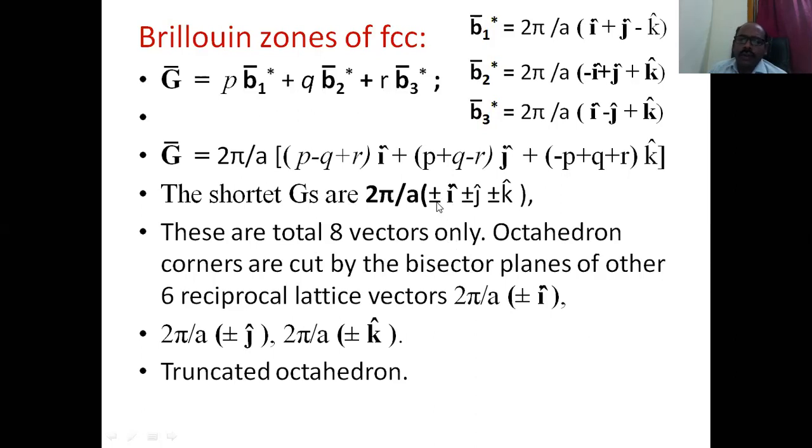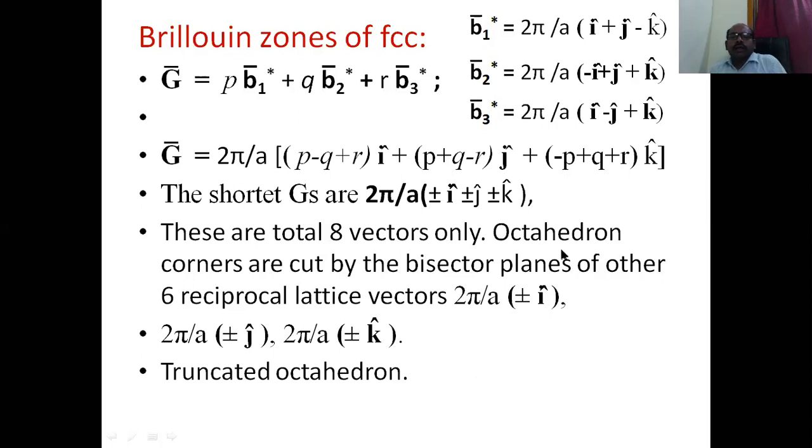There are 3 plus or minuses, so correspondingly we get 6, but the 7th one is all pluses and the 8th one is all minuses. If we write on paper, we will get the impression of how they are 8. So these are the total 8 vectors.